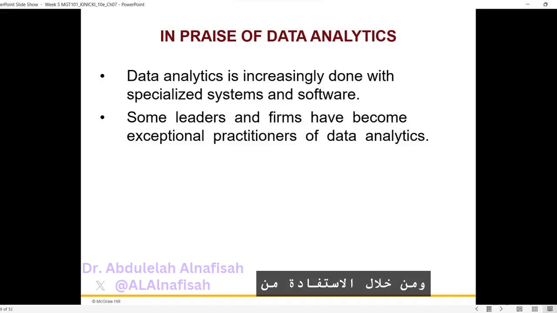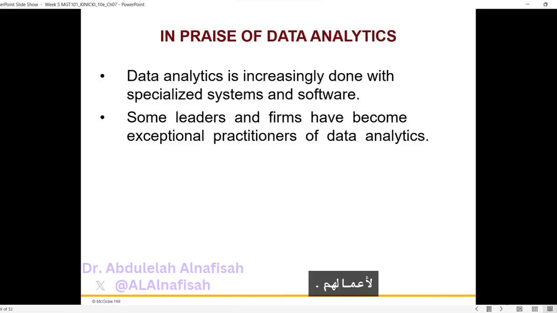By leveraging data analytics, organizations can make more informed decisions based on objective evidence rather than relying solely on intuition or subjective judgments. It allows leaders to identify trends, understand customer behavior, optimize processes, and gain a deeper understanding of various aspects of their business.